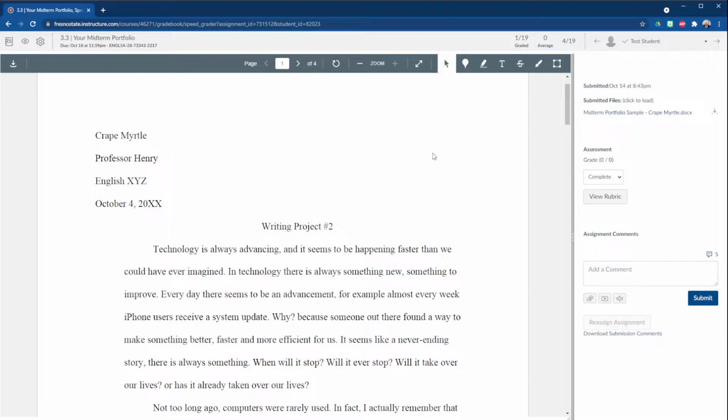It's easier to read. Also, I should let you know that the interface I'm using for the demonstration here is the instructor or teacher interface. When you as a student are doing a peer review through Canvas, the tools are basically the same, but the layout on your screen is going to be a little bit different.